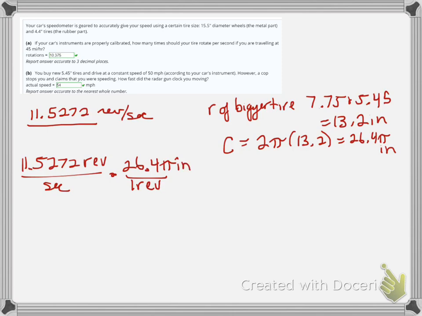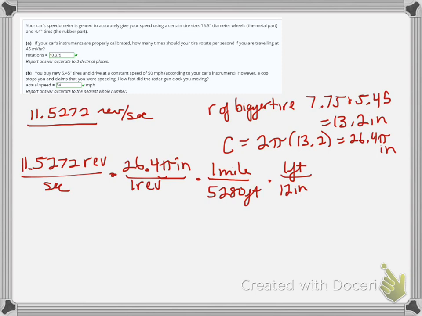So now we can cancel out revolutions, and we have inches per second, so we're getting there. Let's change the inches to miles. We need miles on the top: 1 mile is 5,280 feet, and 1 foot is 12 inches.